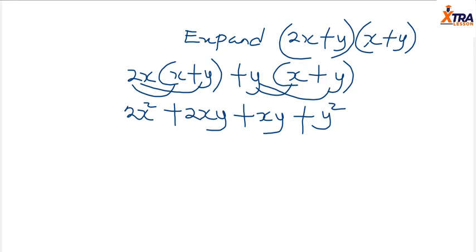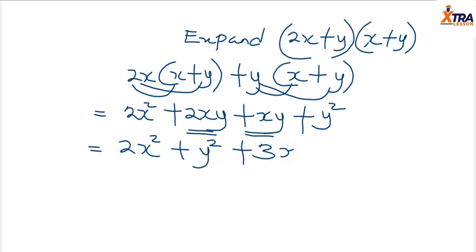So simplifying, from the previous class, means to group those that are alike. This is a like term, this is a like term. So we have 2x squared plus y squared plus 2xy plus xy, which will give us 3xy, which is the answer to example number 1.